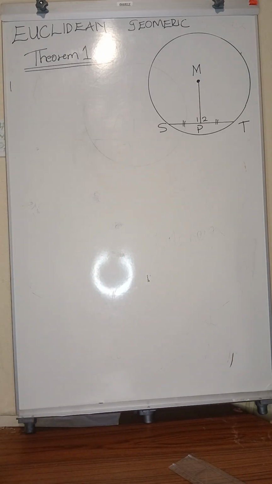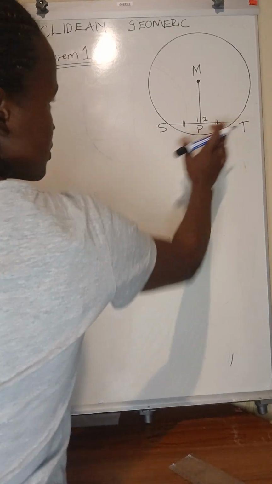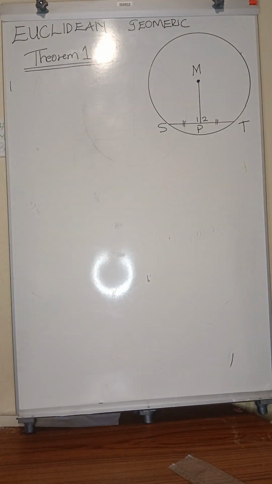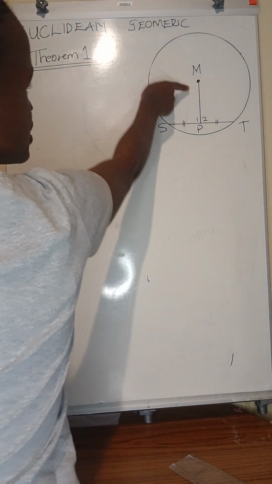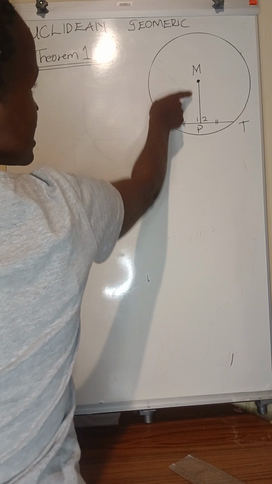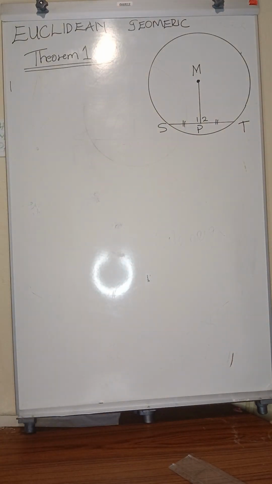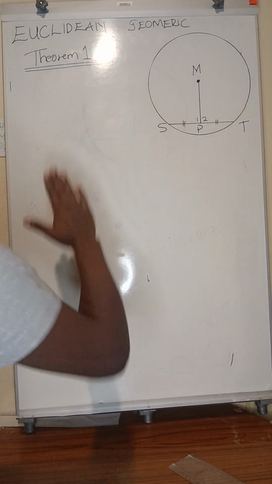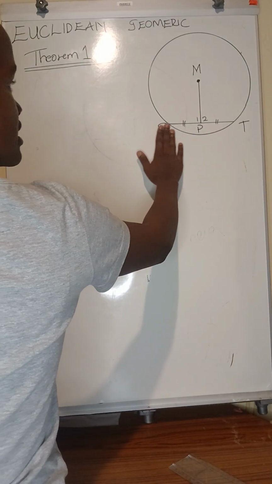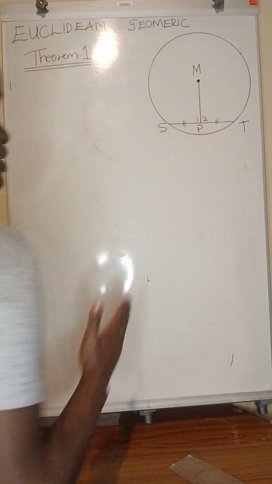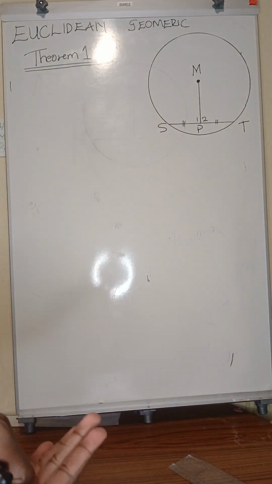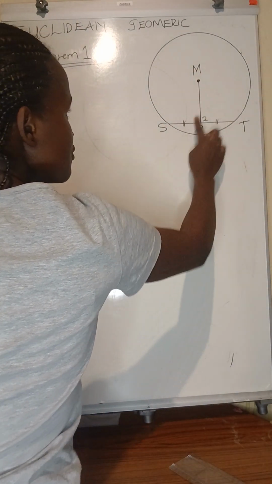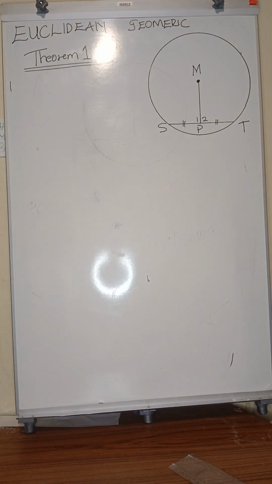I did a video explaining what a chord is. So a line from the center to the chord, perpendicular to the chord. As you can see, this line is straight and this one is straight, which means when they join, they form a perpendicular.